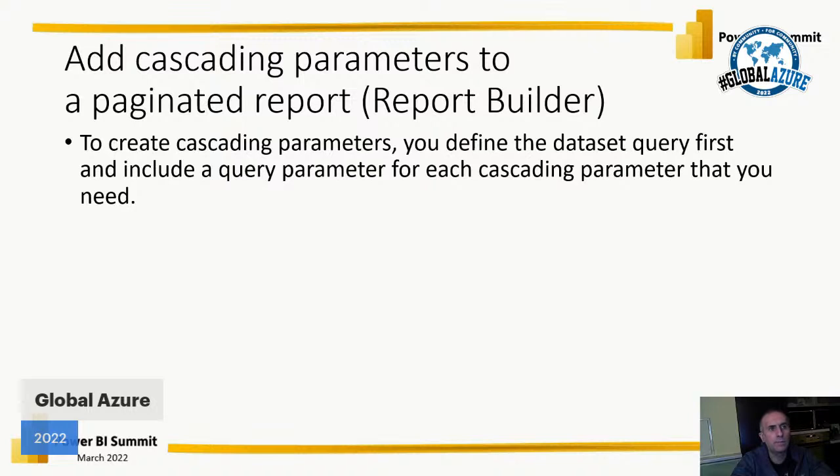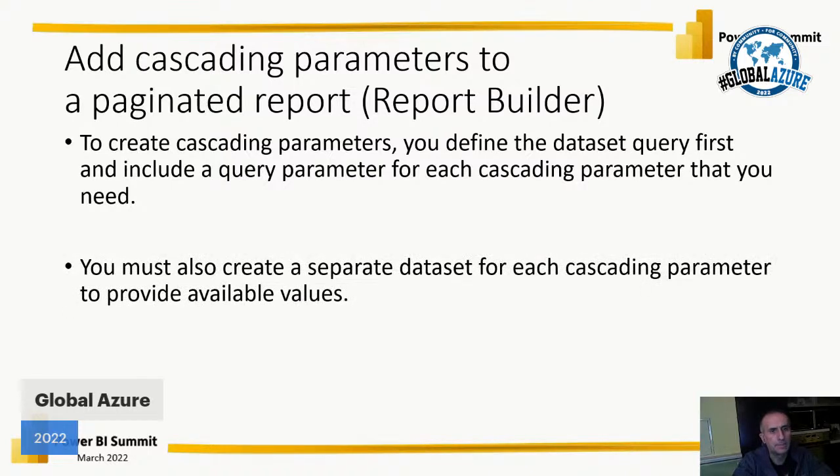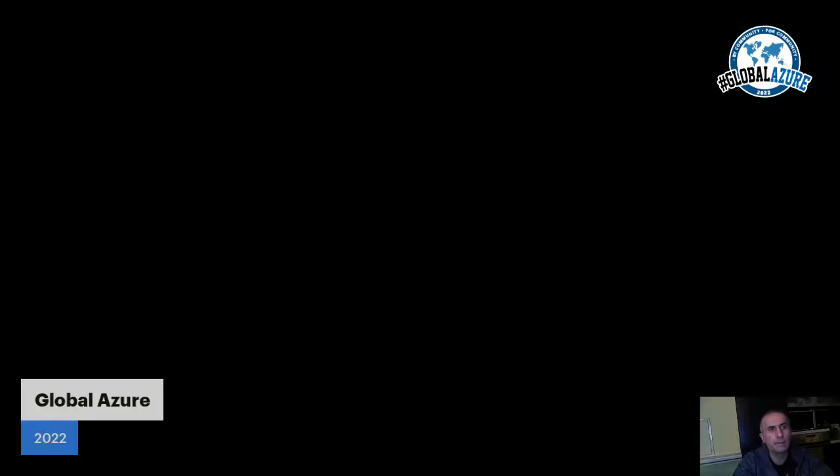First, we need to define a dataset query, where this query will include a query parameter for each cascading parameter that you need. You need to create a separate dataset for each cascading parameter to provide available values. Each next parameter will include in its dataset options related to this parameter and previous parameters.